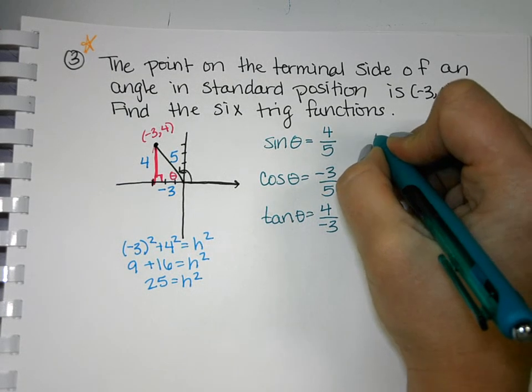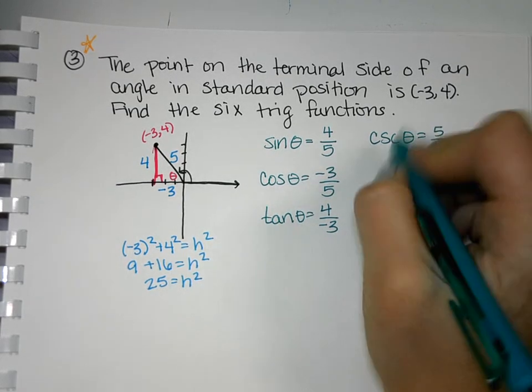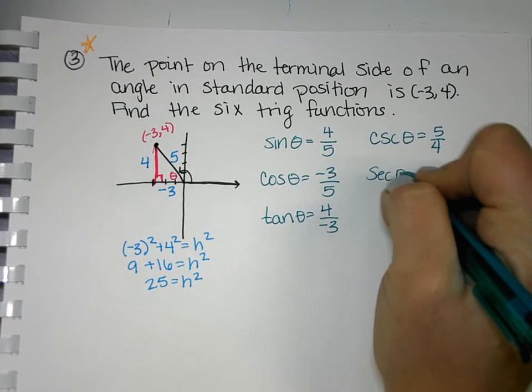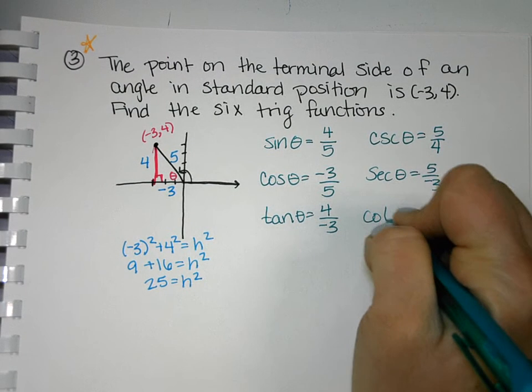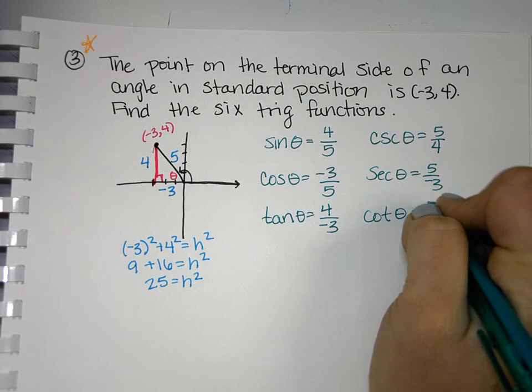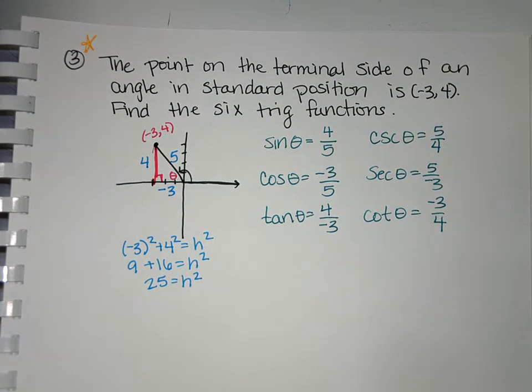So cosecant theta would equal 5 over 4. Secant theta will equal 5 over -3. And cotangent of theta would equal -3 over 4. So it's, again, more about the way the information is given to us that's going to change, but the process of how we do each one remains the same.